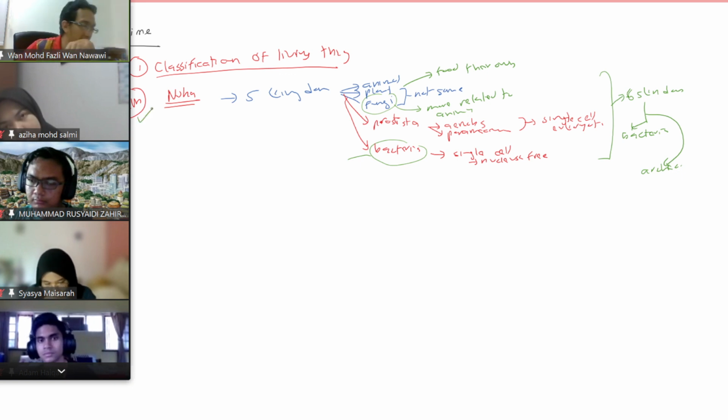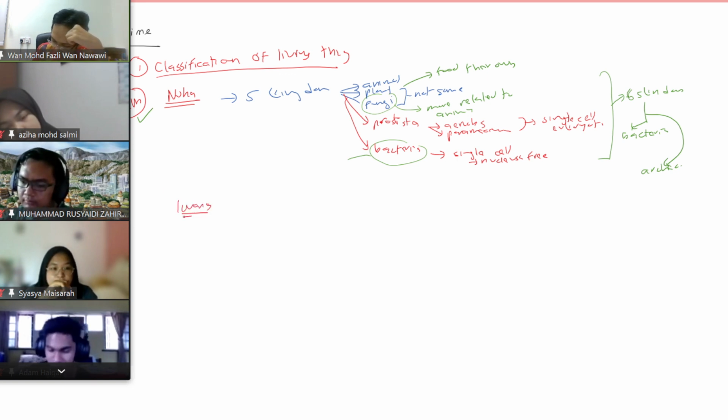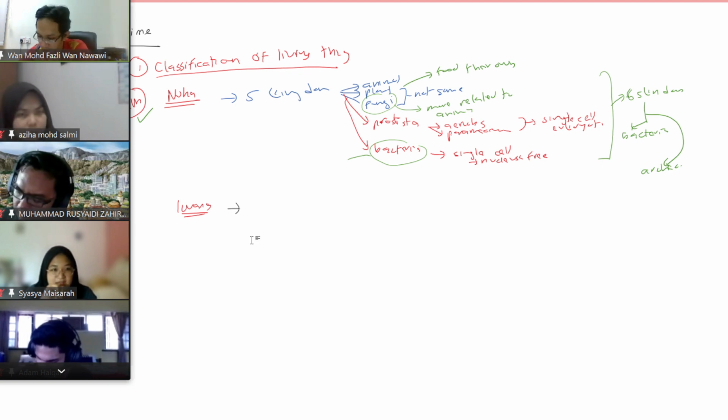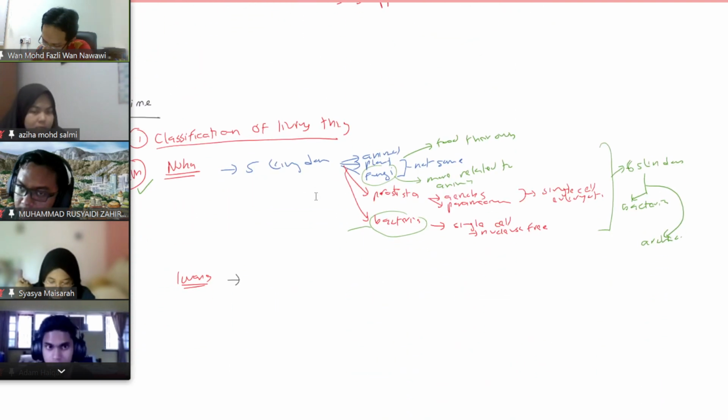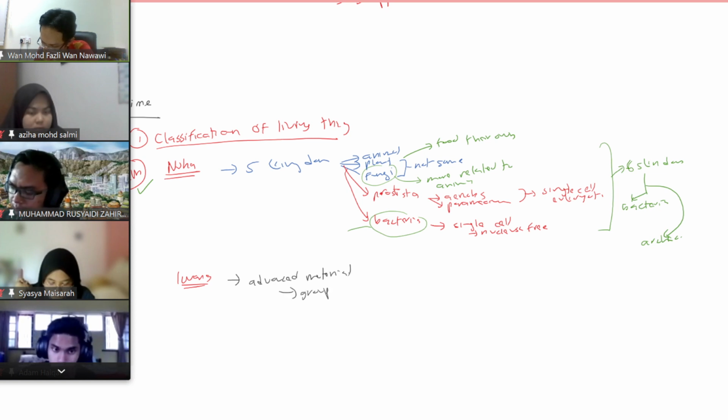Okay, the second question is: tell me about advanced material. Name? Iwana. Okay, Iwana, advanced material. From the diagram you showed us, materials consist of the groups metal, ceramic, polymer, and also composite, which is a combination of those, either metal and polymer, metal and ceramic, any of that.